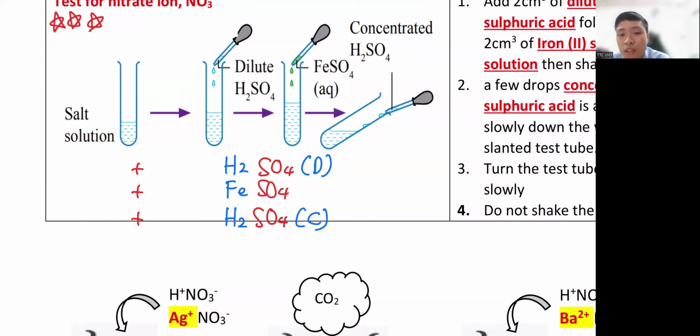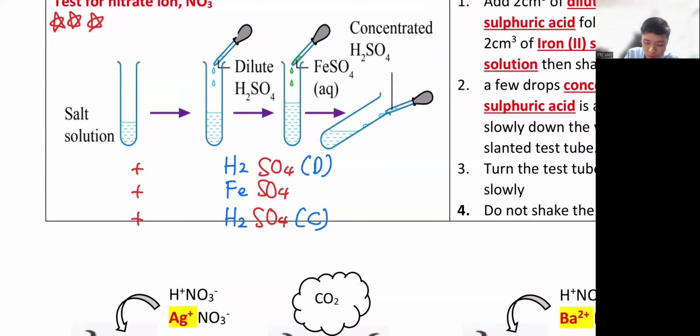For the first and the last, you add sulfuric acid, either dilute or concentrated. For the middle one, you add iron(II) sulfate. Now, how much needs to be added? For the first two, you add 2 cm cube.